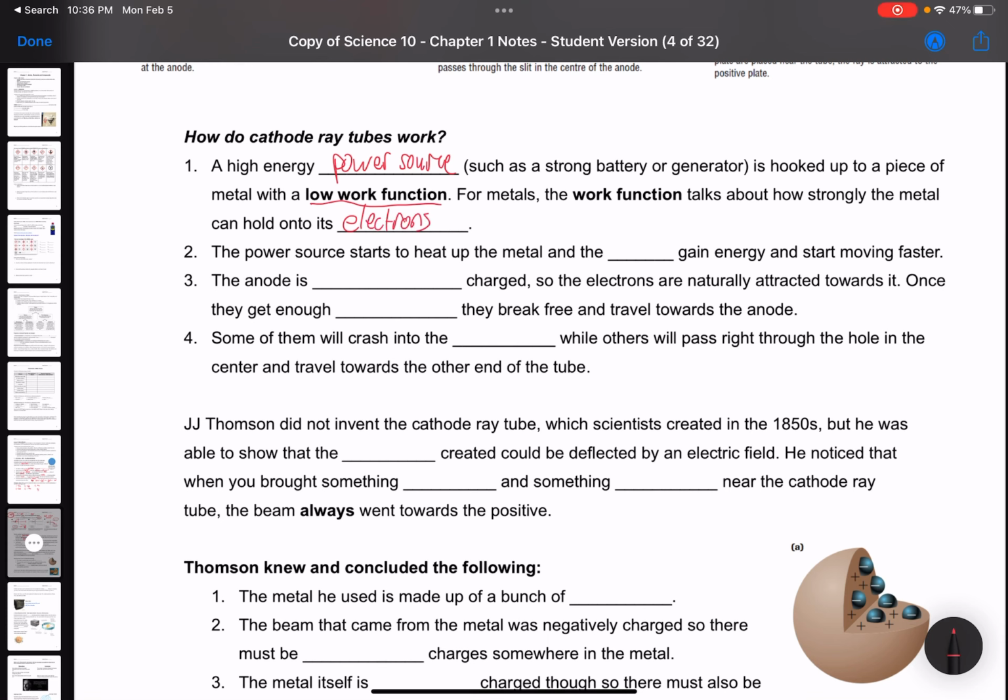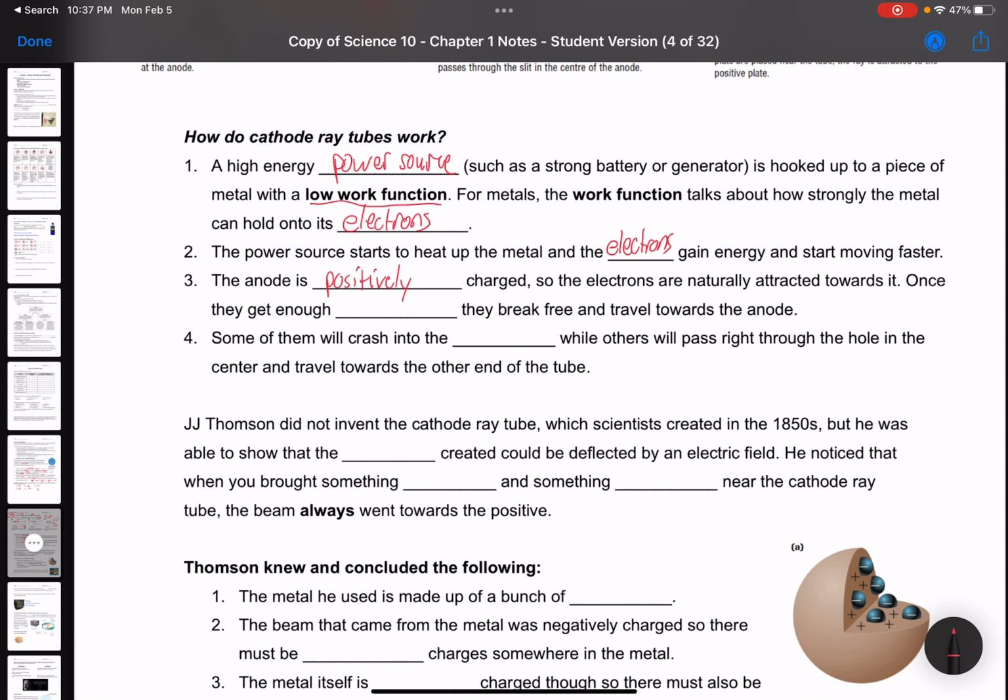So the power source starts to heat up the metal, and electrons gain energy and start moving faster. So again, remember the kids, super hyper once they get energy. So the anode is positively charged.